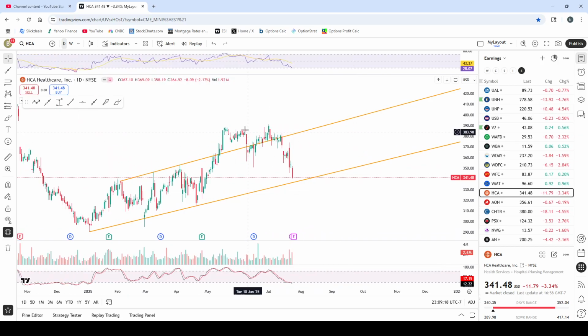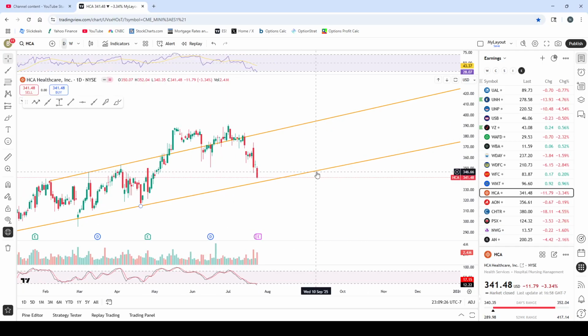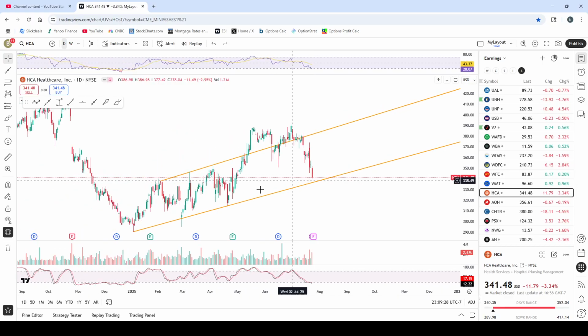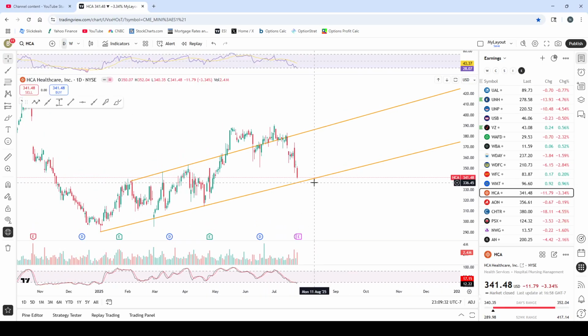And if we take about a couple months, we can see it's been going down, right? So do we use this mid range point, or do we use the short term? It usually depends.